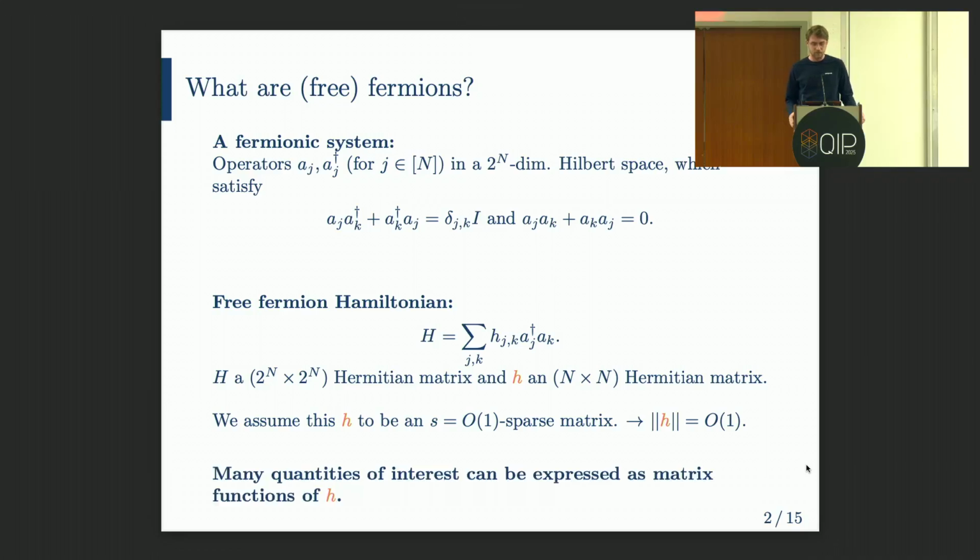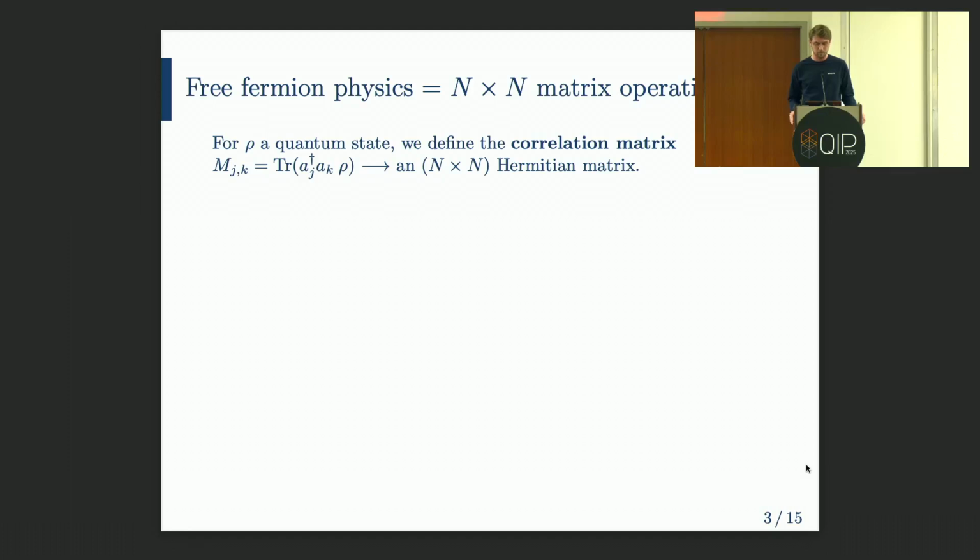Many quantities of interest that one would like to determine in practice for these free fermion systems are in fact matrix functions of this small h, and so they are themselves N by N matrices. What I'll argue now is that essentially free fermion physics comes down to N by N matrix operations, where N is the number of modes, so much smaller than the many-body Hamiltonian that we were dealing with.